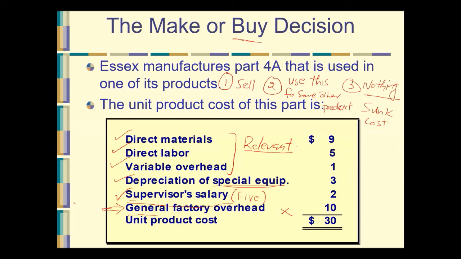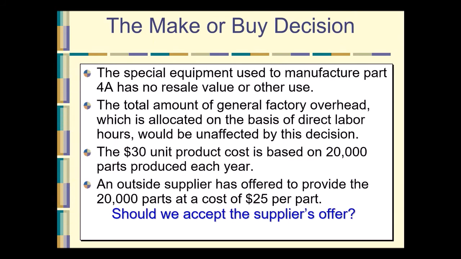Then we have to make a decision whether we should continue producing that product or buy it from an outside supplier. So here is some more information. The special equipment used to manufacture part 4A has no resale value.